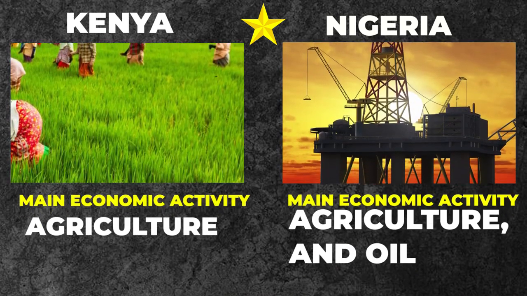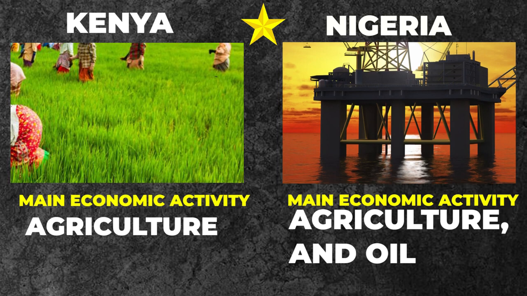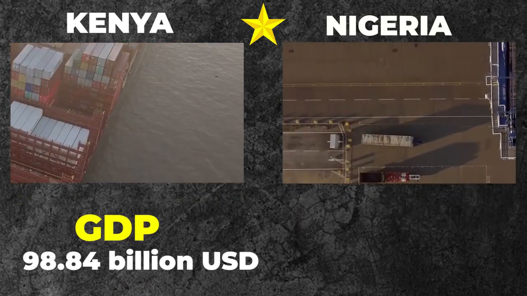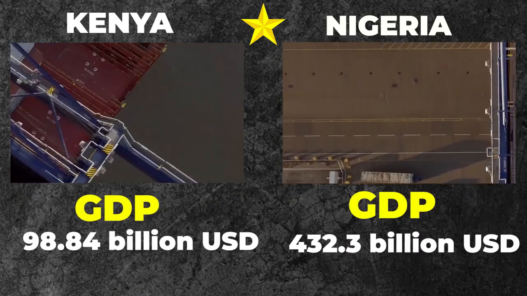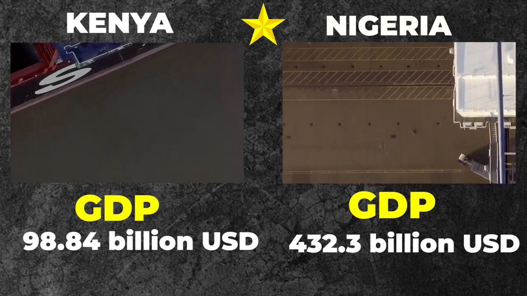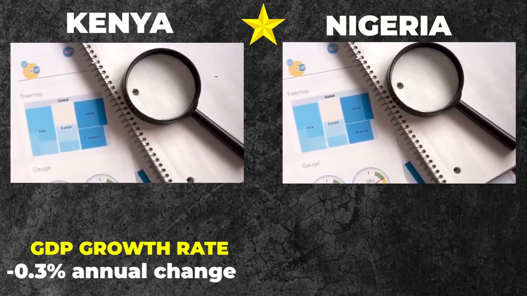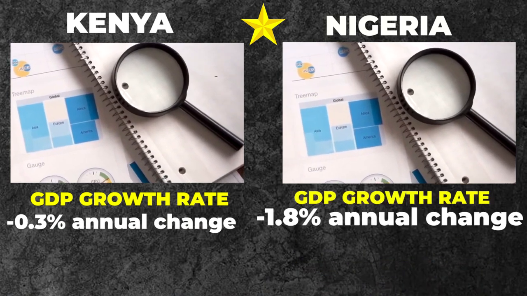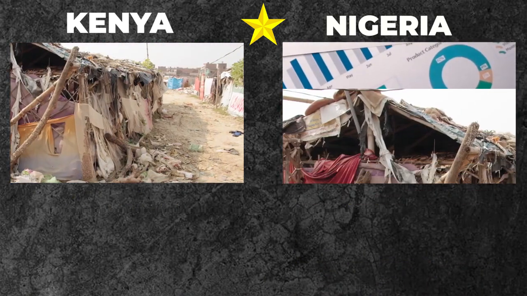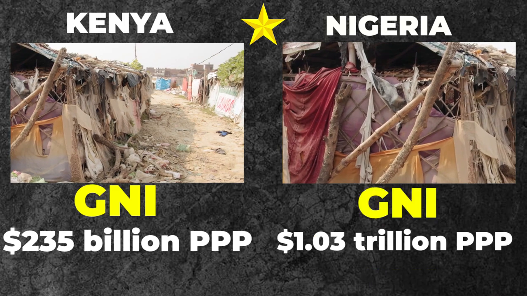What is the main economic activity of this country? Another great influence on economy is the GDP, which reflects the value and productivity of an economy. Gross domestic product growth rate. Gross national income.